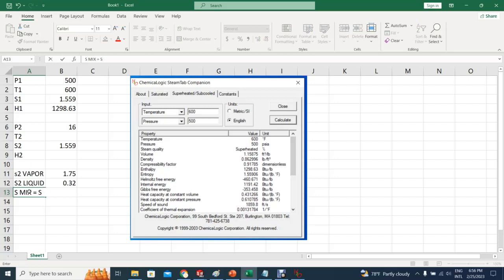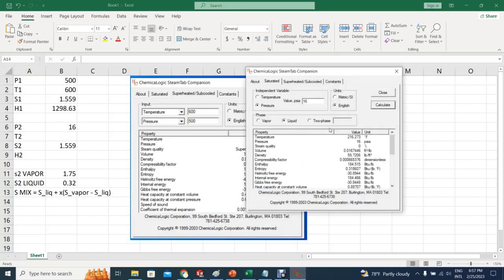The entropy of the liquid, looks better, plus the quality of the vapor, let's call that X, multiplied by the difference between the entropy of the vapor less the entropy of the liquid. Close that parenthesis, and that's the formula that we're going to use to calculate X. That's the X that we need to put back here. When we are in the two-phase, that's the X that's going to be put here.